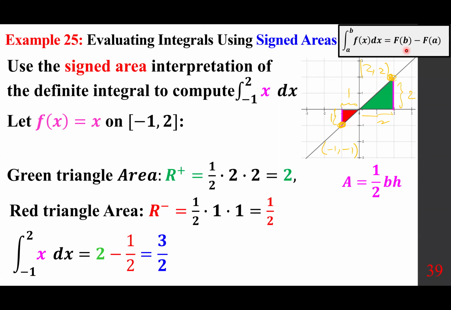Okay, and so having said that, we are going to take the antiderivative: the integral of x becomes half of x squared, and we're going to evaluate it from the lowercase -1 to uppercase 2.